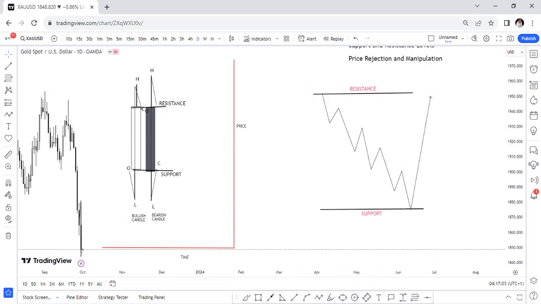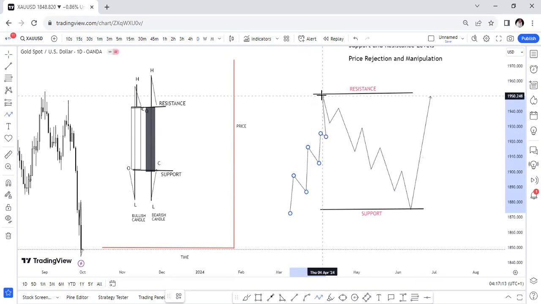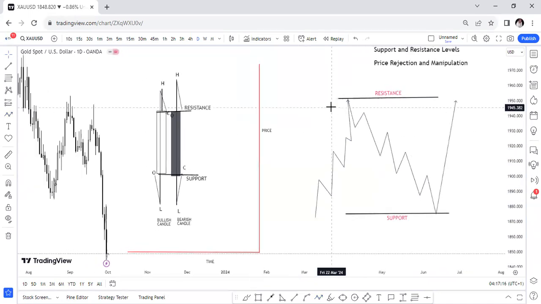For buyers, they are going to sell at the higher price, so they start moving up to this level of resistance.